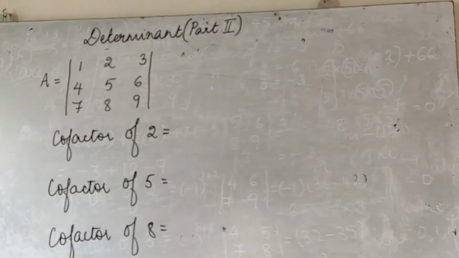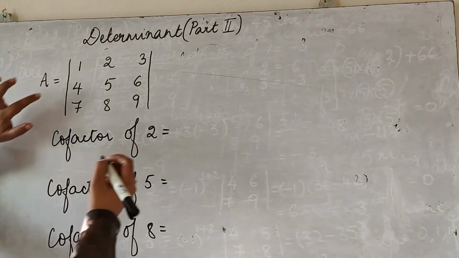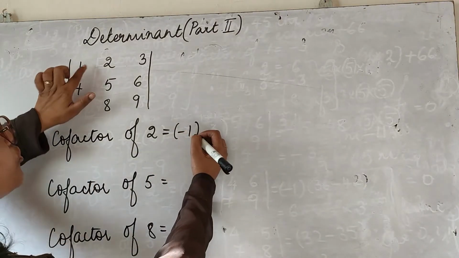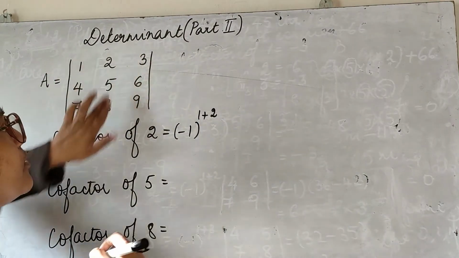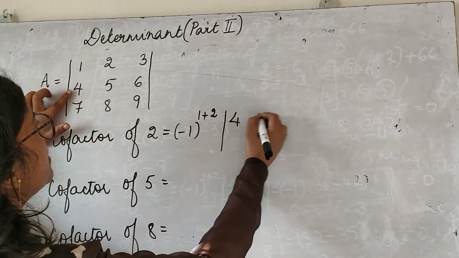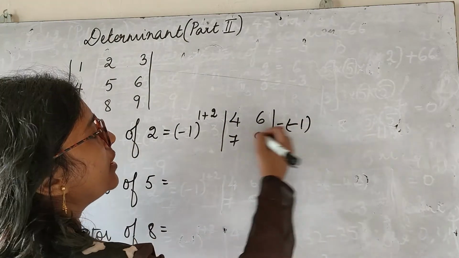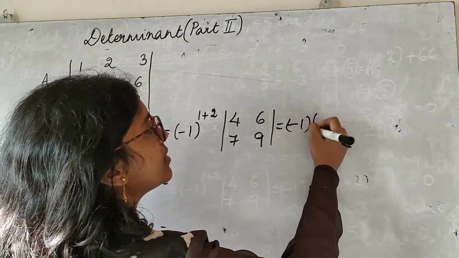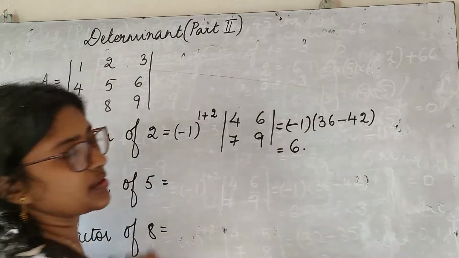To find the cofactor of 2, we should take minus 1 raised to, which row it is? First row and second column. Don't write the first row, second column entries, write the remaining. So it becomes minus 1 into 4 9s are 36 minus 42, which is 6.